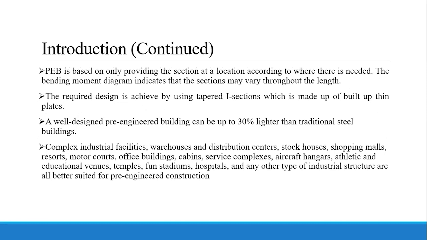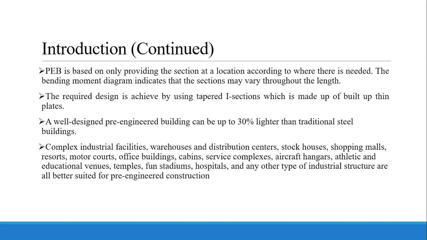On the basis of the bending moment, the section is provided at a location according to where it is needed, by using tapered I sections made up of built-up thin plates. Due to this, the pre-engineered building can be up to 30% lighter than the traditional steel building.